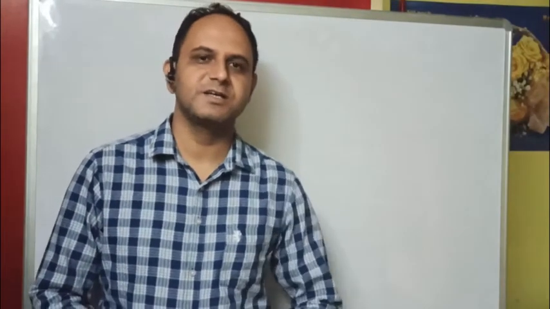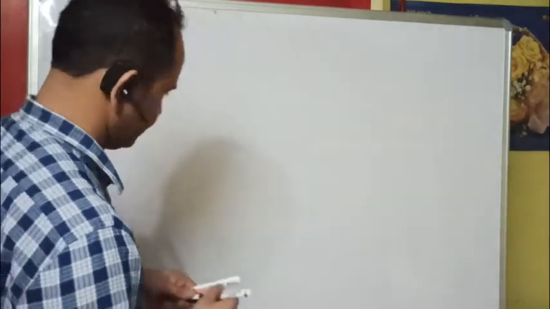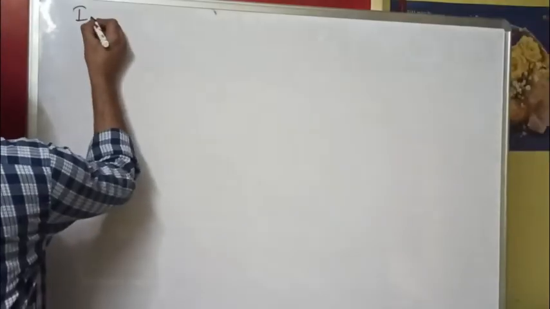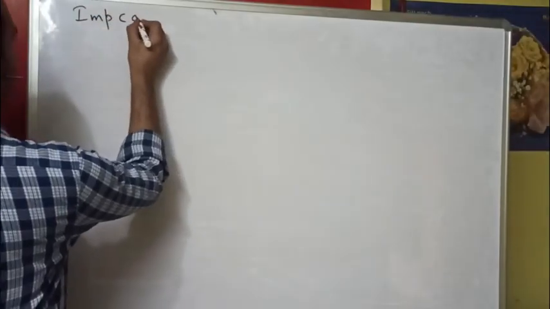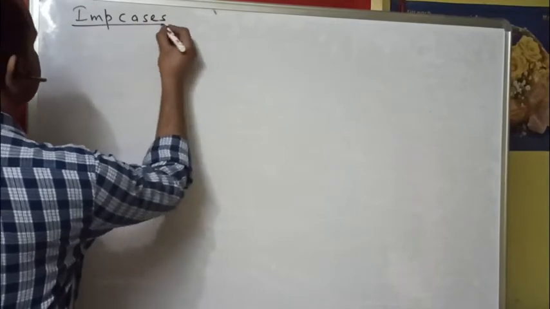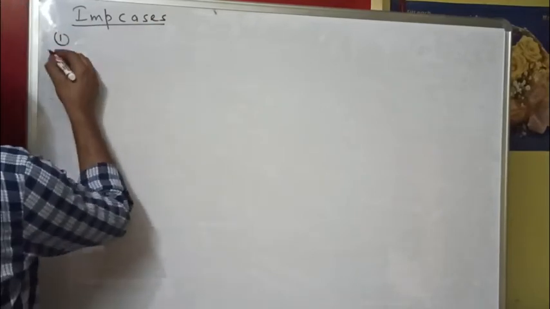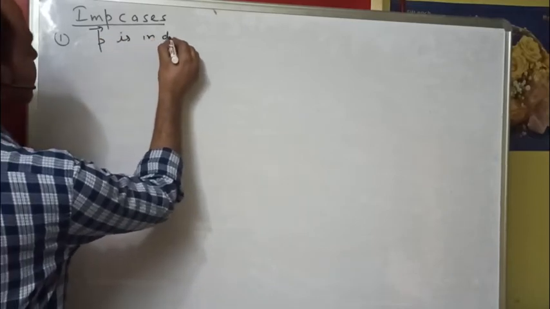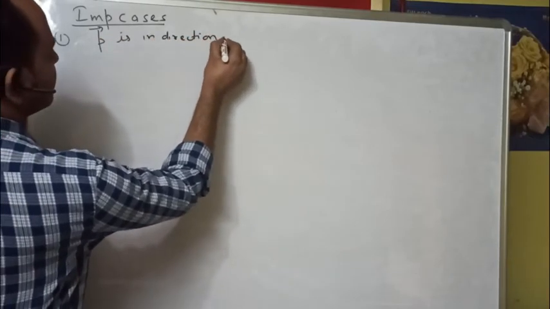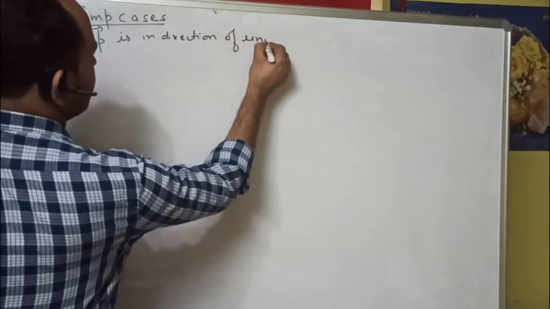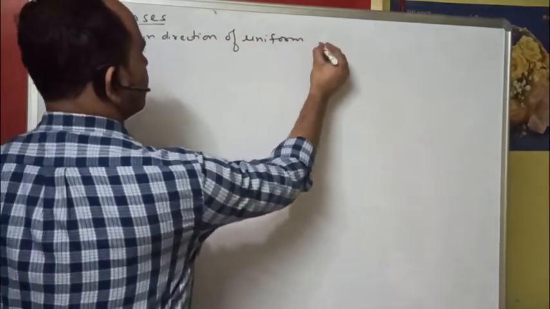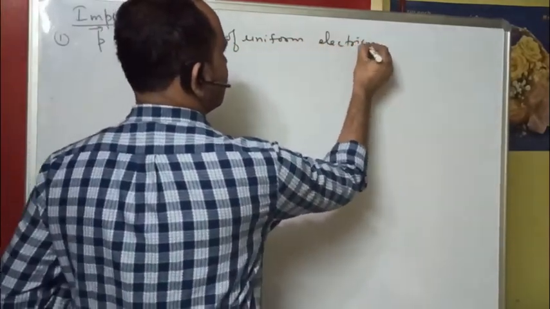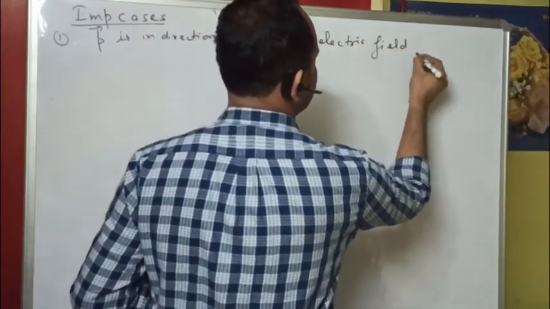Let us discuss some important cases. In the first case, the dipole moment is in the direction of the uniform electric field, E vector.